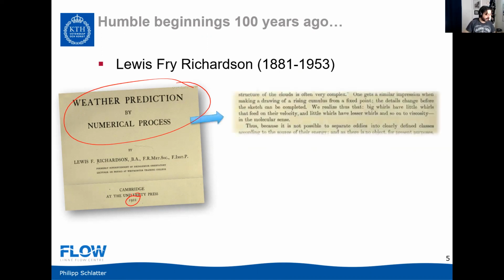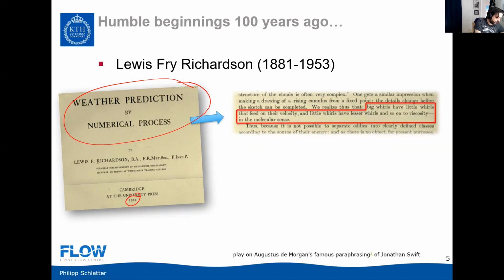Not only that, this book is also famous because there is one part which essentially explains what turbulence is all about and why simulations are maybe helpful. It has this famous quote on turbulence: big whirls have little whirls that feed on their velocity, and little whirls have lesser whirls, and so on to viscosity in the molecular sense.